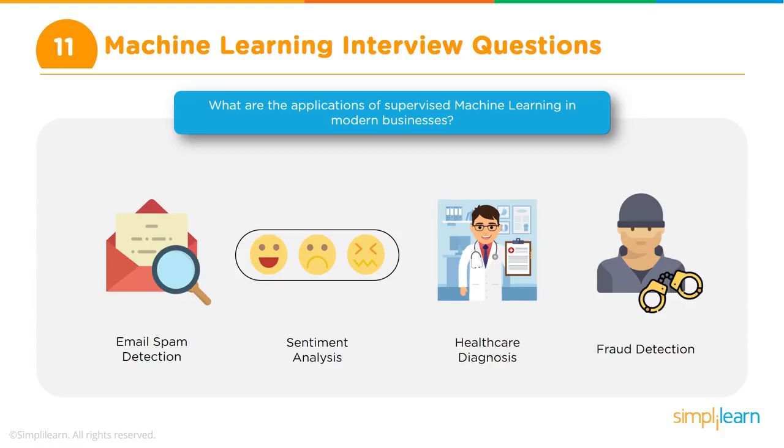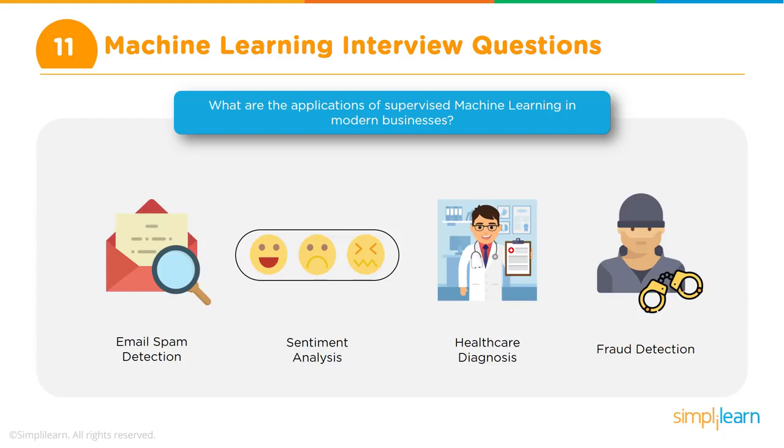The very common one is email spam detection. You want to train your system to detect between spam and non-spam. This is a very common business application of supervised machine learning. So how does this work? You obviously have historical data of your emails, and they are categorized as spam and not spam. That is the labeled information.